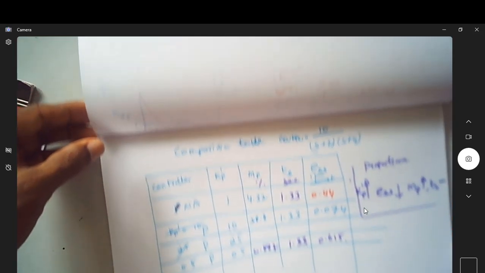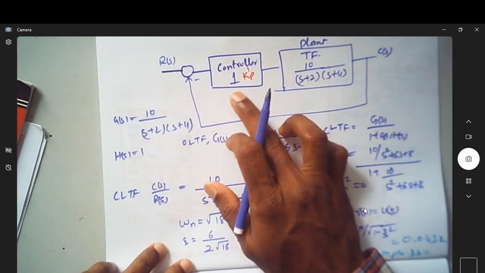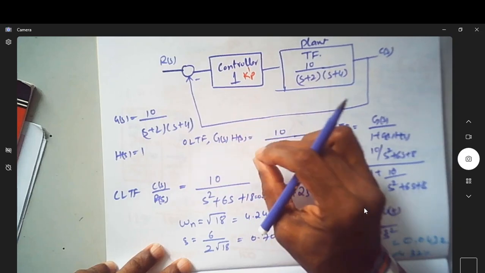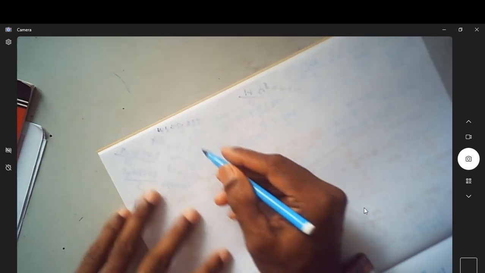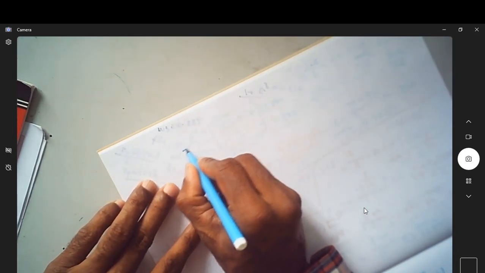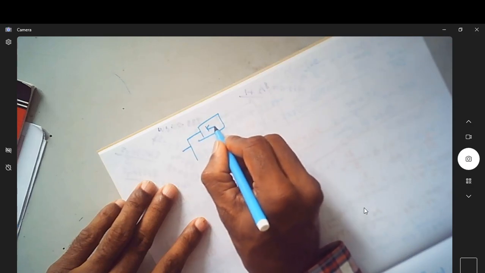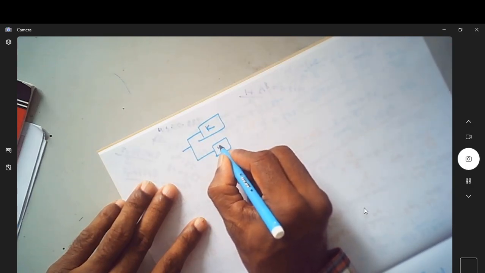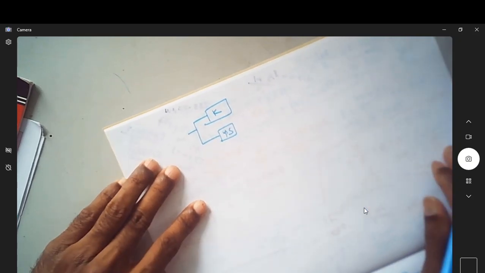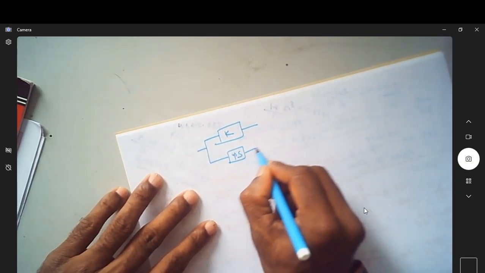Now, after seeing this proportional controller, let us see how a proportional and derivative controller will have an impact on this. So what is a controller? Controller is not simply that constant value. It is having some constant value K. Along with that, I will have tau into S as one more parameter, which is indicating the derivative part of that PD controller.